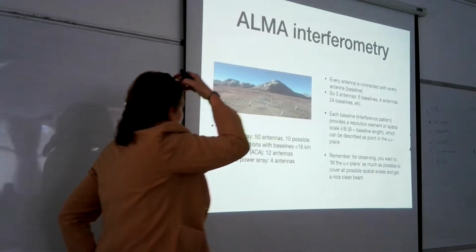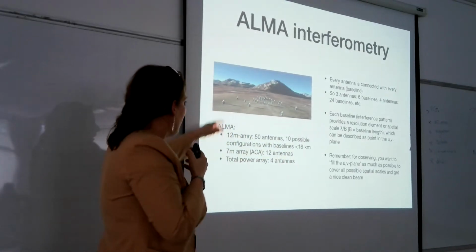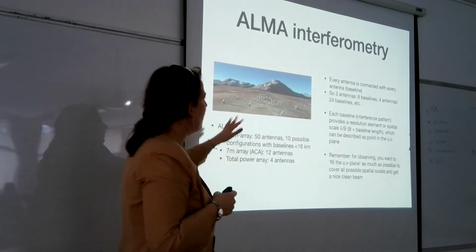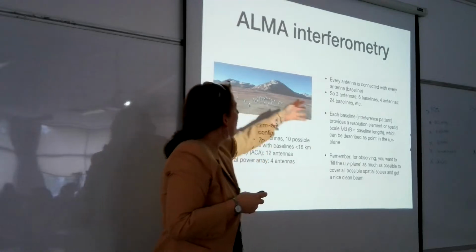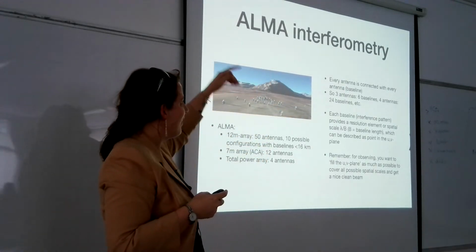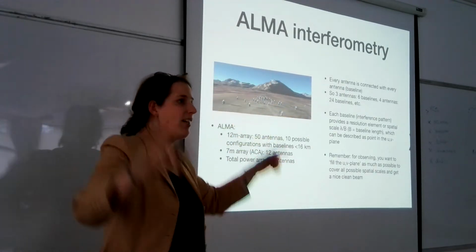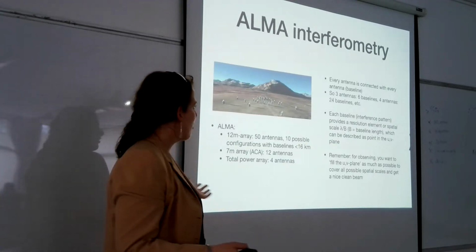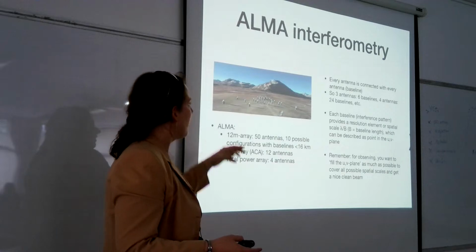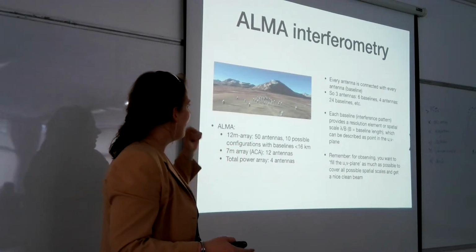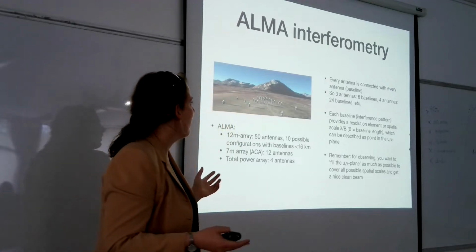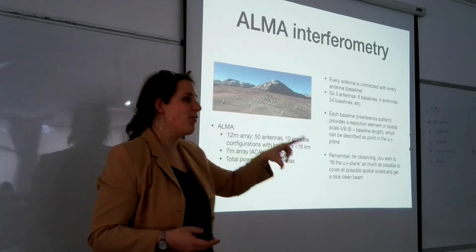Okay. So in connection with ALMA, I will give you these basic numbers: the 12 meter array has 50 antennas. You have to remember here that each antenna is connected with each antenna. So there are lots of cables underground that connect all these different antennas. It also means that the number of baselines grows quickly. If you have 3 antennas, you have 6 baselines.